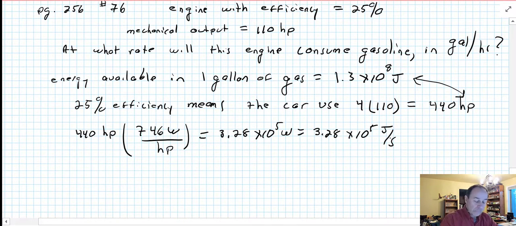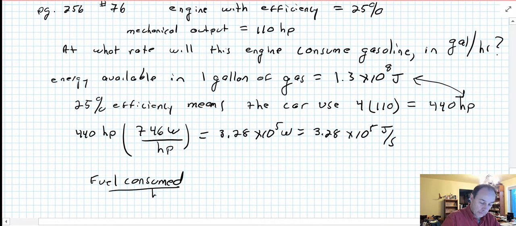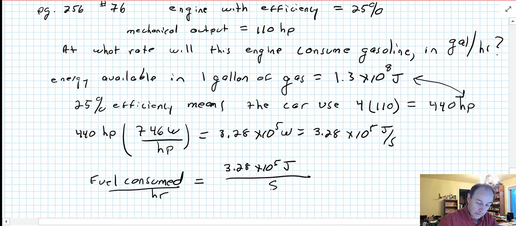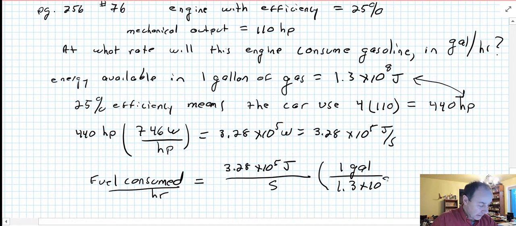So the fuel consumed per hour is 3.28 times 10 to the 5th joules per second. All right, that's what the engine consumes in terms of gas. That's 1 gallon of gas gives 1.3 times 10 to the 8th joules.